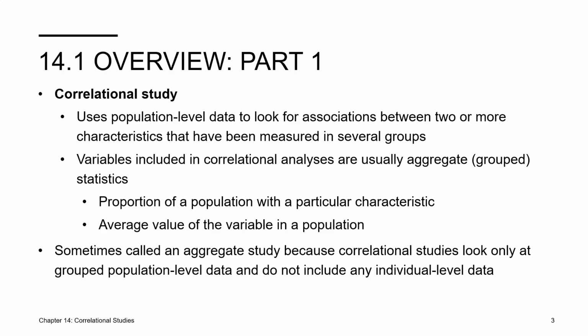So this could be a proportion of a population with a particular characteristic, say an exposure or disease, or an average value of a variable in the population, which could be, say, age. Sometimes correlational studies are called aggregate studies because they look only at group-level population data and do not include any individual level data.